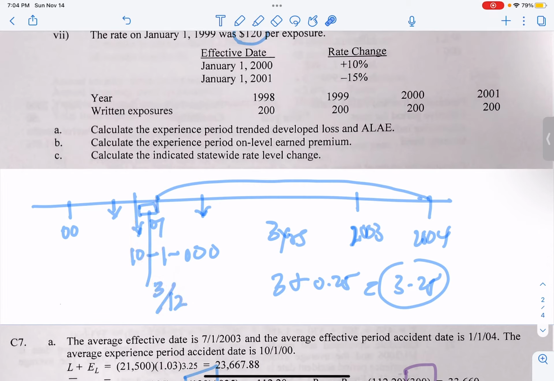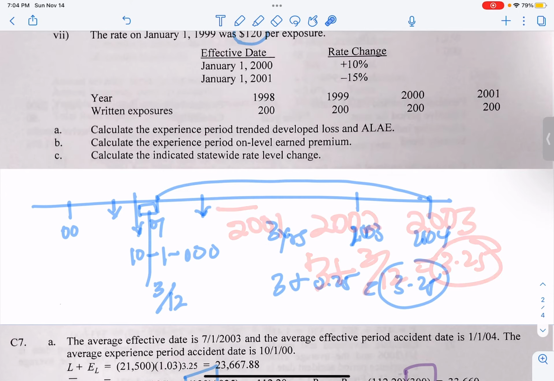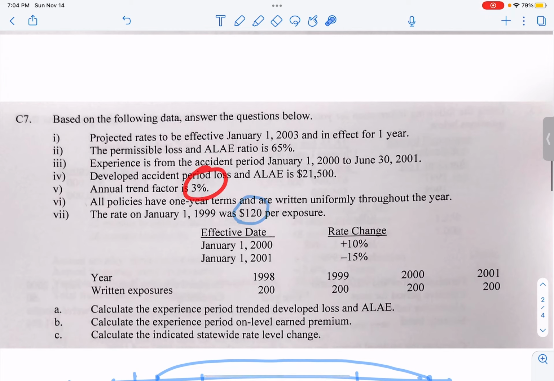And then we get the other values from 2001, 2002, and 2000. Ending of 2003 is 3 years plus 3 over 12. That is 3.25. So we've got a trending factor, and we have annual trending factor as well.